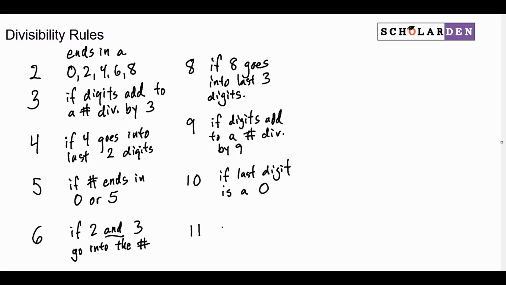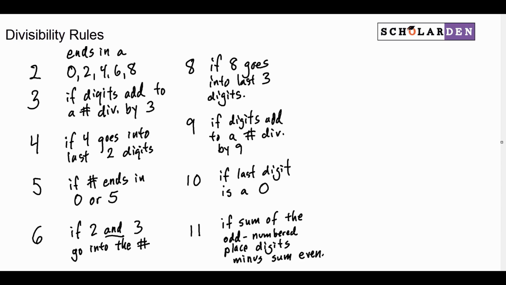A number is divisible by 11 if the sum of the odd numbered place digits minus the sum of the even numbered place digits is divisible by 11.